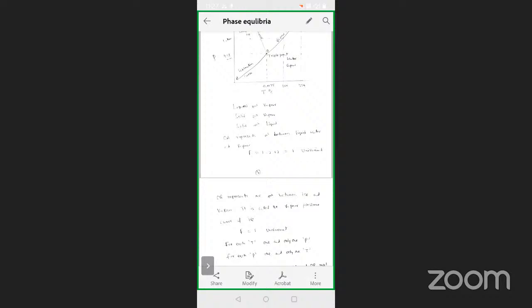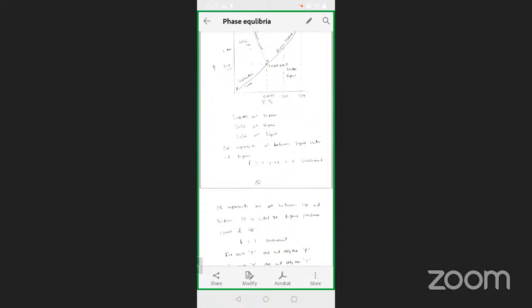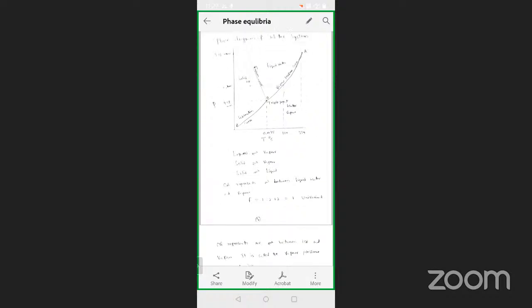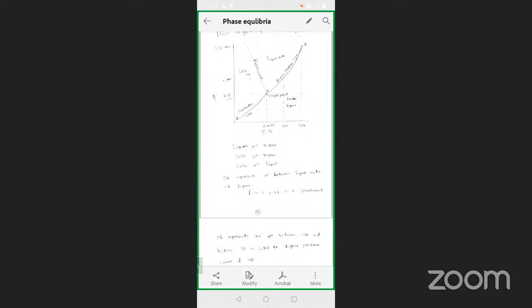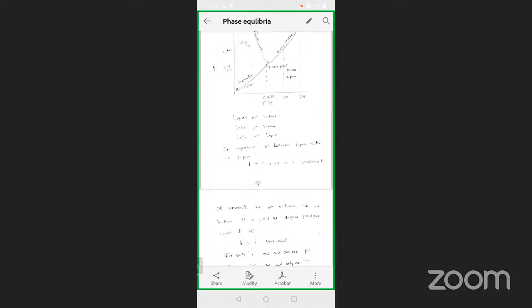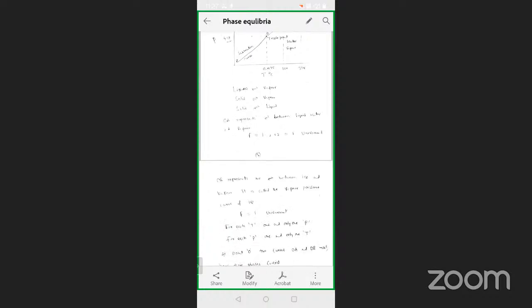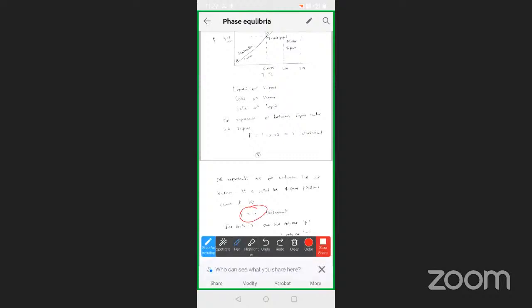Then OB represents the equilibrium between ice and vapor. It is called the vapor pressure curve of ice. It also has degrees of freedom 1, univariant.